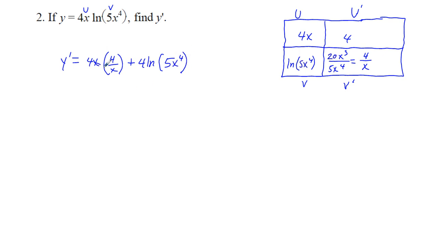The x over x are going to cancel each other, so y prime is going to be equal to 16 plus 4 natural logarithm of 5x to the fourth power. So that's going to be our answer. We could factor out a 4 from this, but we'll just leave it as is.